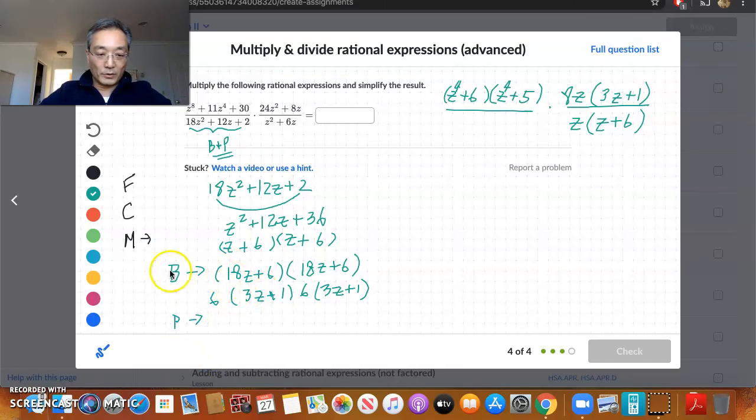Okay, we borrowed, let me highlight it, we borrowed these 18s here, correct? Which means we need to pay back 18. If we look here outside the binomials, we have 6 times 6. Well, 6 times 6 is 36. That's too much. We just need to pay back 18. So we can pay back the 6 here, and we can pay back a 3 here, right? Because 6 times 3 is 18.